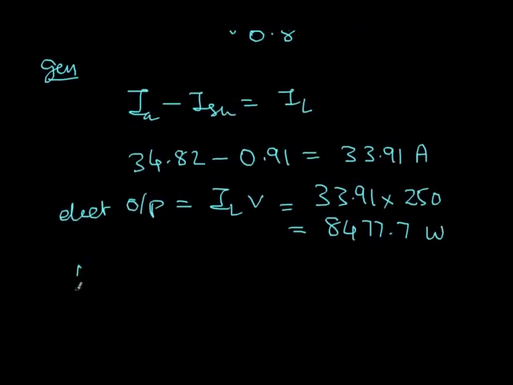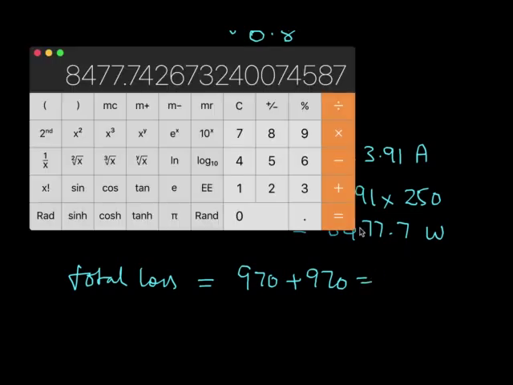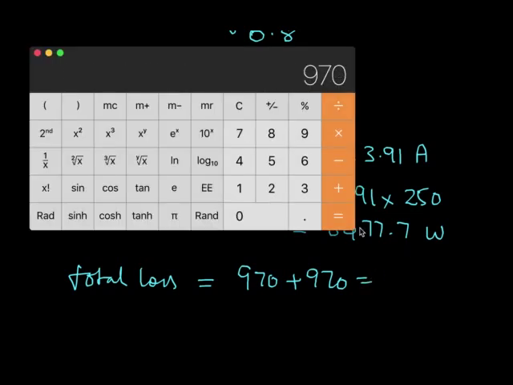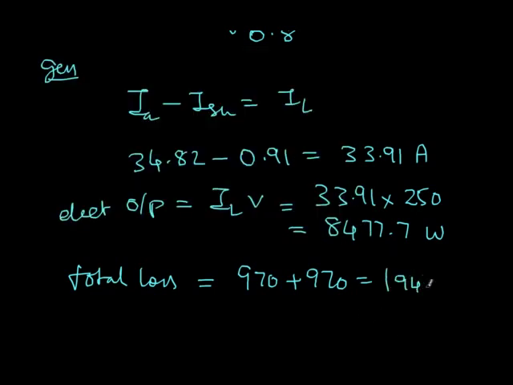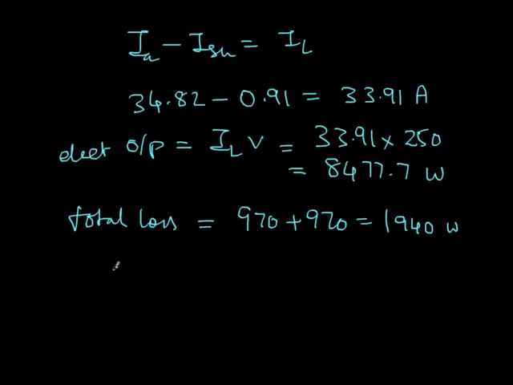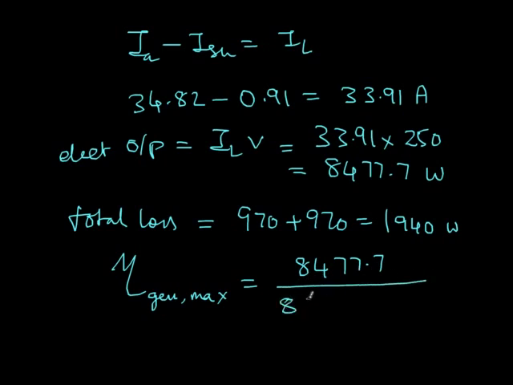And what about total losses? Total loss is nothing but 970 plus 970, because constant and variable losses are both equal. So that will be 970 into 2, which is 1940 watts. Under that condition, the maximum possible efficiency working as a generator is the output, 8477.7, divided by output plus losses.